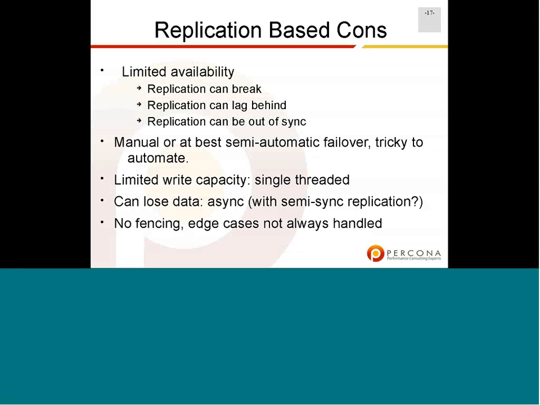Most solutions have no fencing, although MMM can do it, but I've had mixed results with it. So some edge cases are not always handled. Yves and I have worked a bit on the MMM code base to correct some of the lockups that could happen. We hope they will be integrated soon into the main branch.